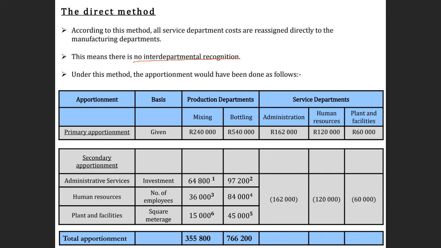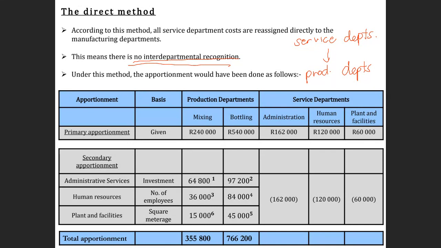What this means is that the service department costs are reassigned or reallocated only to the production departments and no other departments. It's just going to go straight from service to production. It's not going to go from service to production and other departments. It's only from service to production departments.